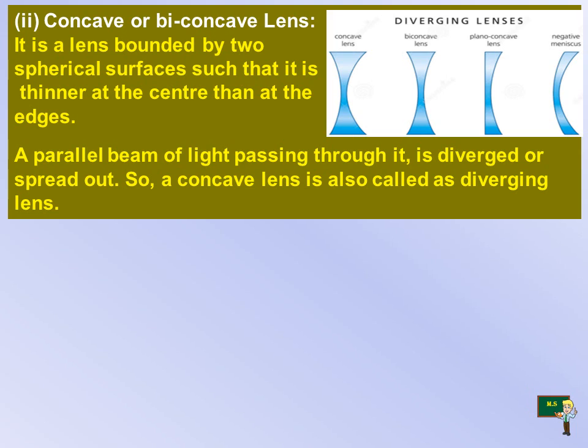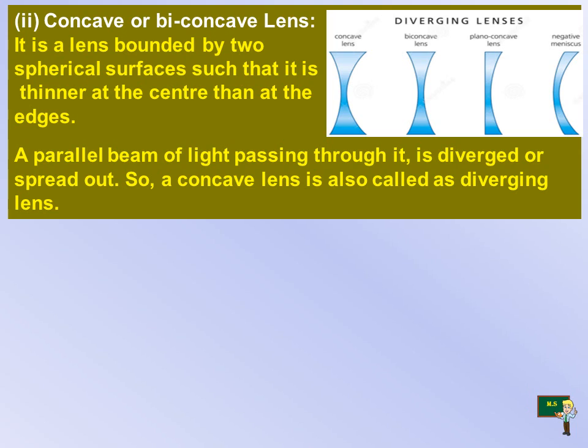Now, a parallel beam of light passing through it is diverged or spreads out. So, the concave lens is also called a diverging lens. This is another type of lens which causes the parallel rays of light to diverge from a point. That's why it's called a diverging lens.